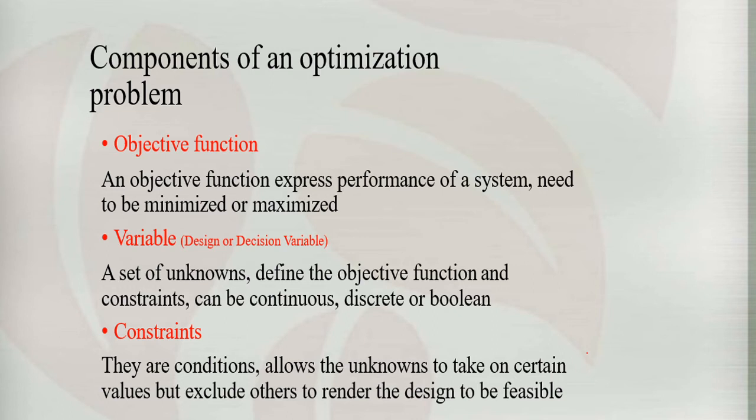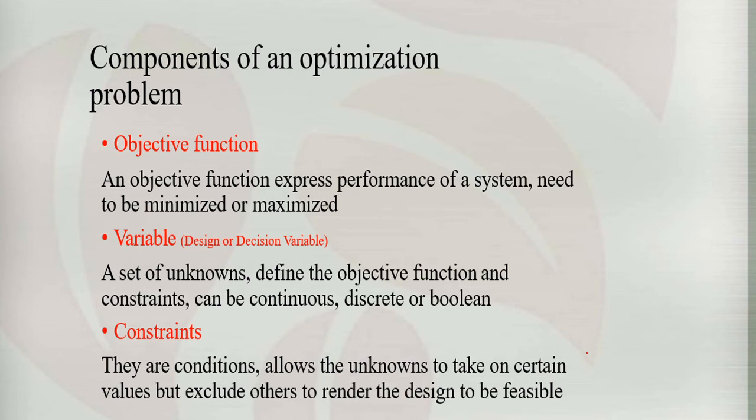These elements are the set of unknowns that define the objective function and the constraints, and they can be continuous, discrete, or boolean. When you talk about continuous, the numbers could be in a continuous range.